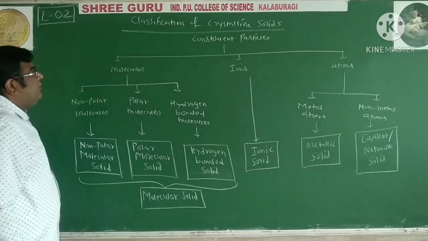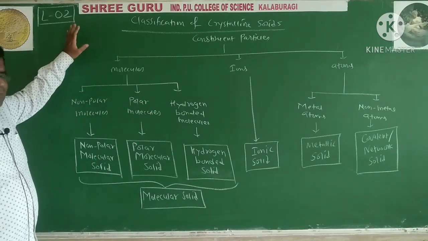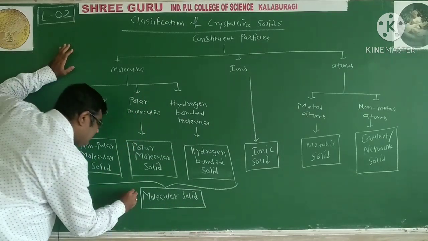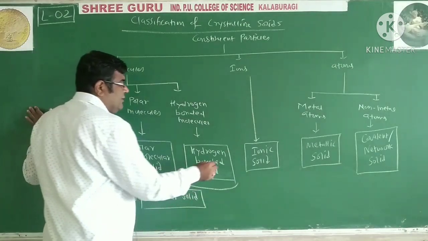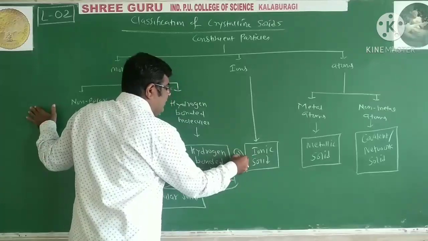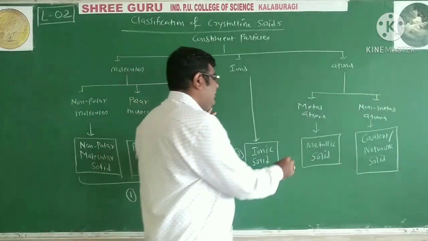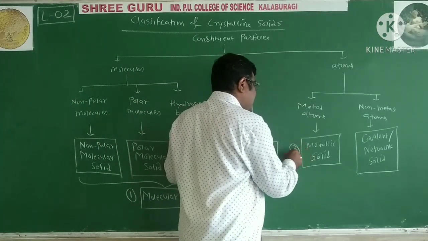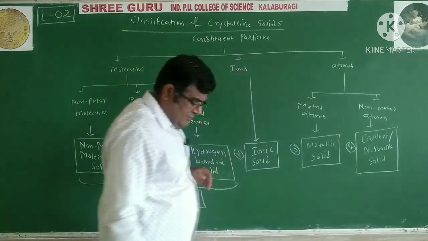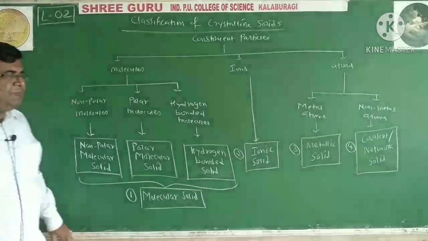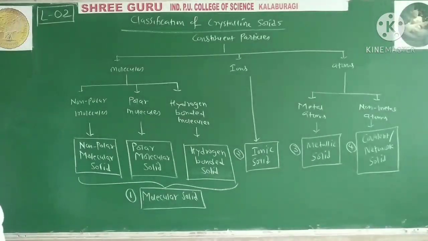So we have four types of crystalline solids. First is molecular solid, second is ionic solid, third is metallic solid, and fourth is covalent or network solid.